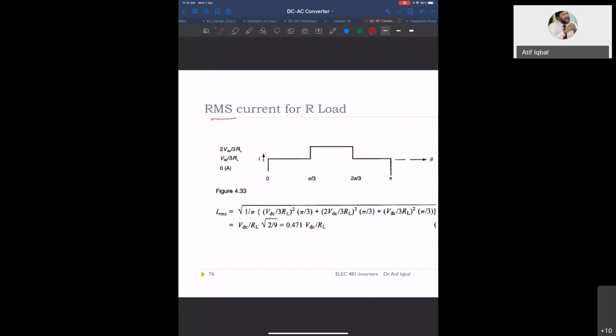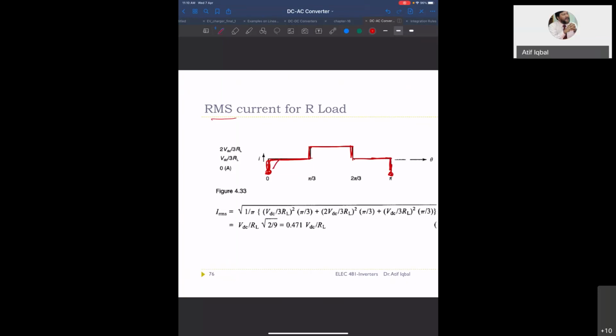Now RMS current for the resistive load. This is the phase voltage, the output voltage, for the half cycle only, because it is symmetrical and you just need half cycle to get the RMS value.